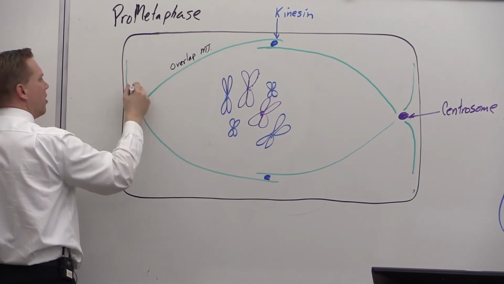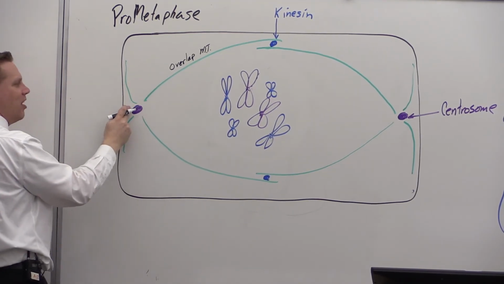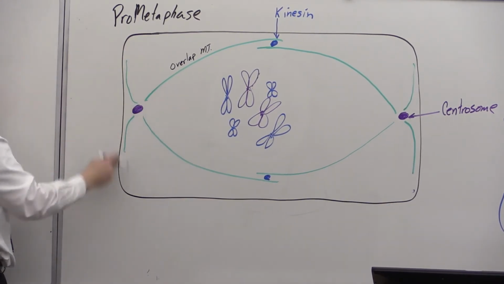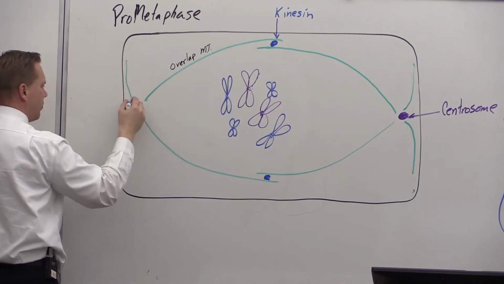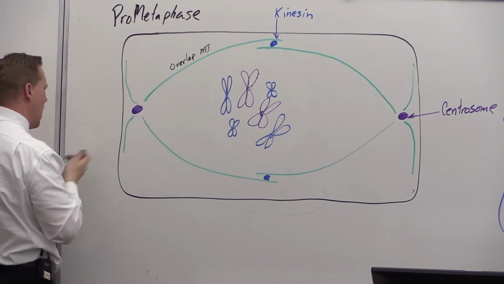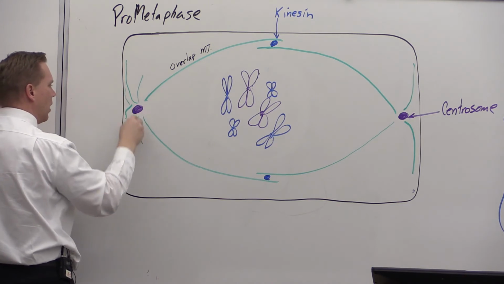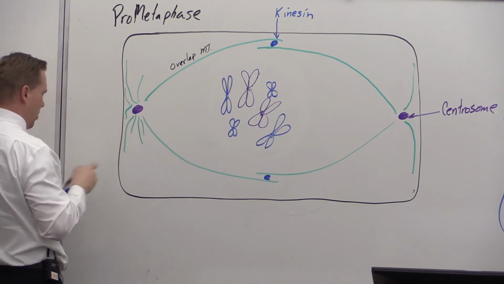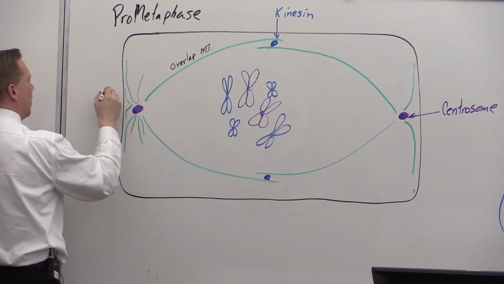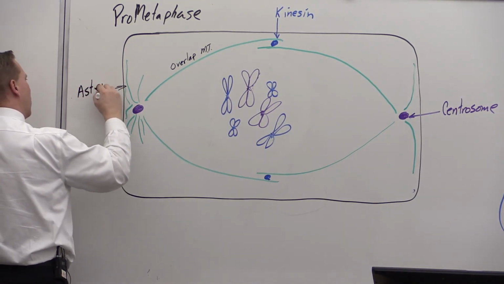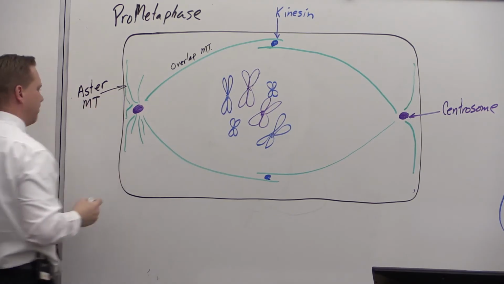These ones down here at the bottom are connecting and anchoring the centrosome to the plasma membrane. And you'll see there are a lot of little short ones that come out like this, kind of non-specific. These are called aster microtubules.